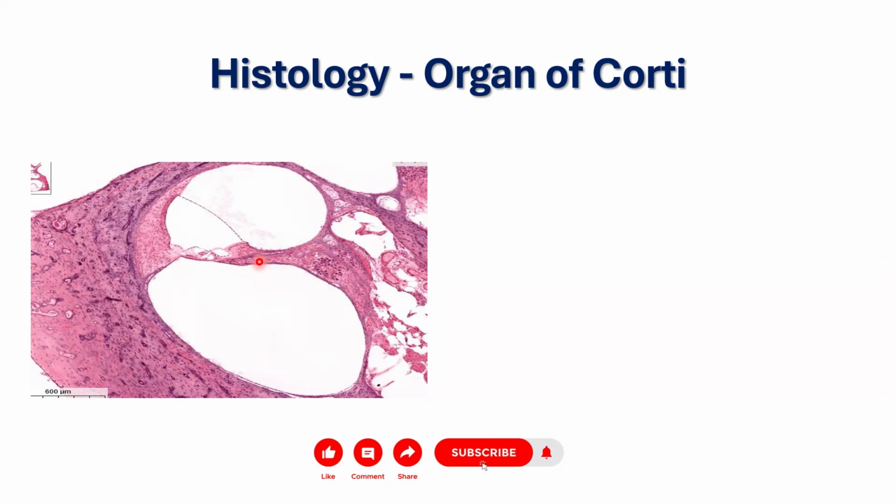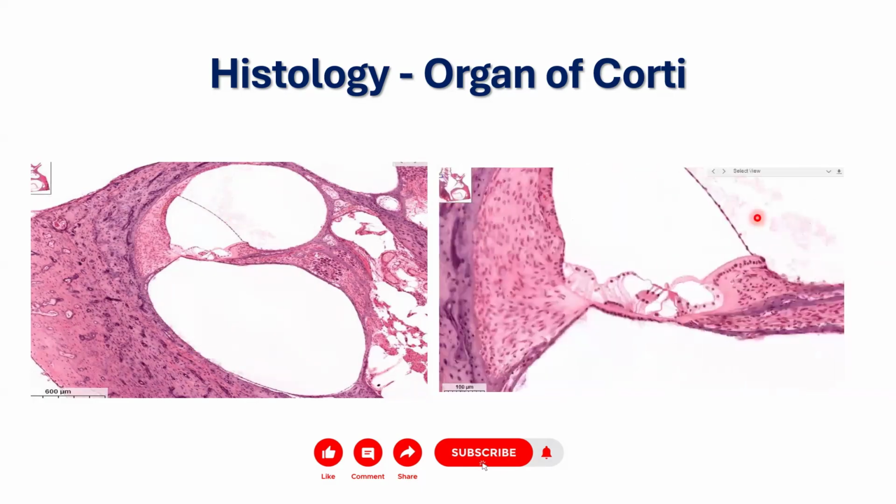This is the cochlear nerve. This contains perilymph, endolymph, and this also contains endolymph at this point. Perilymph, endolymph. And then this is the bony labyrinth. The remaining structures found inside are the membranous labyrinth.